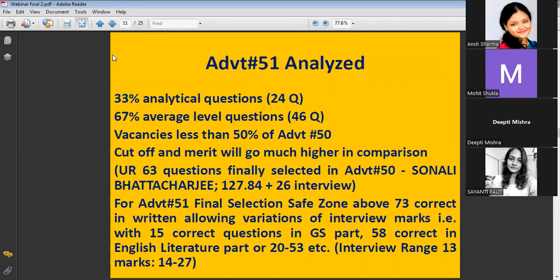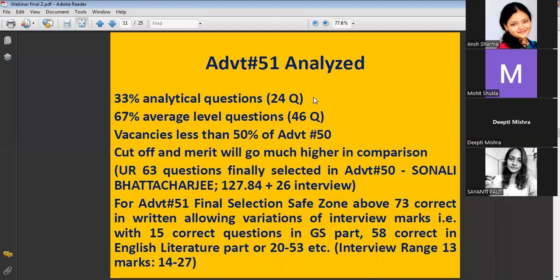Now, the analysis. So from the previous tables, we can conclude that 1/3 of the questions, that is 33% of the questions, 24 in total out of 70, will be analysis based questions, not one line questions, not direct questions.